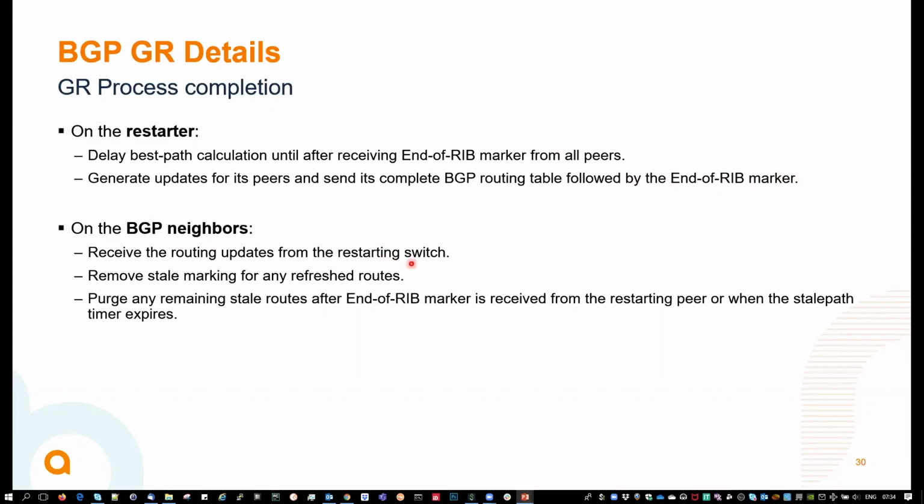The BGP neighbors, the helpers, receive the routing updates from the restarting speaker and remove the stale flag on those refreshed routes. They might purge any remaining stale paths after receiving the end of RIB marker from the restarting peer, or when the stale path timer expires.